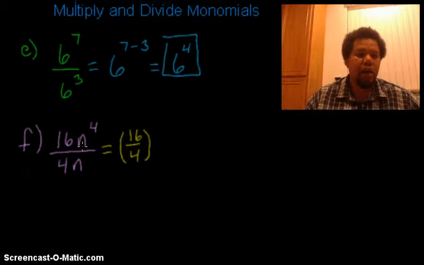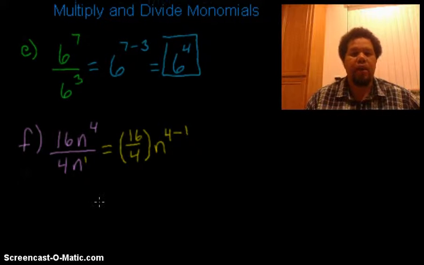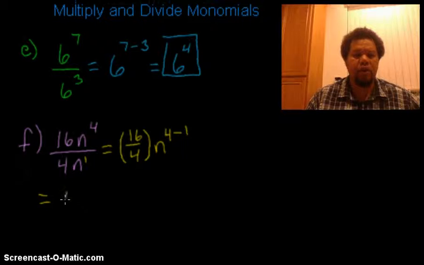And the base n, since they're the same, we're going to keep that n and subtract their exponents. So we have 4 minus, and remember, if there's nothing there, it is an implied one. So 16 divided by 4 is 4, and we get 4n to the third power right there.